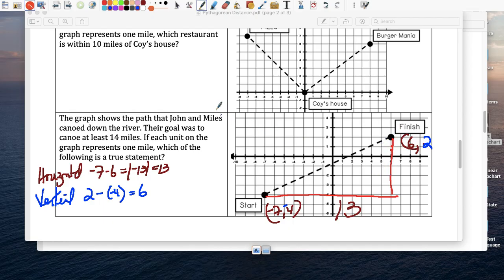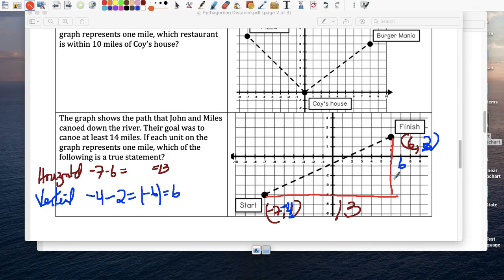I'm looking for the vertical distance, so it'd be -4. Start again, apologies. This is -4 minus, and the other y value is 2, which gives me -6. Take the absolute value, that gives me 6.